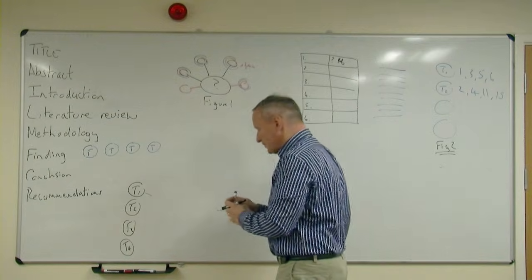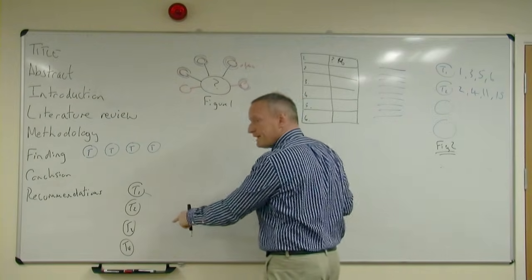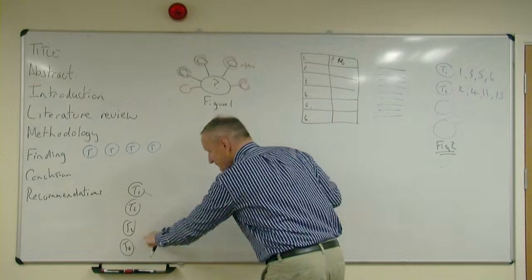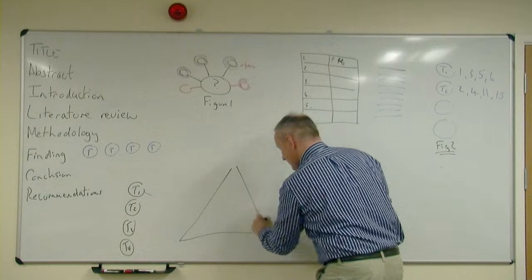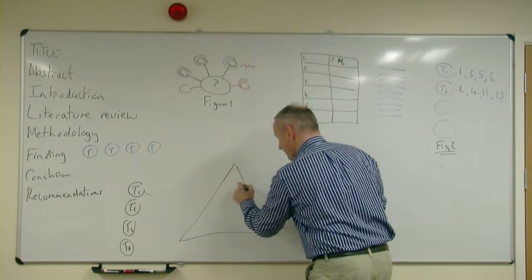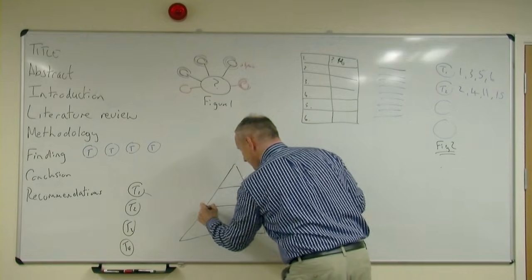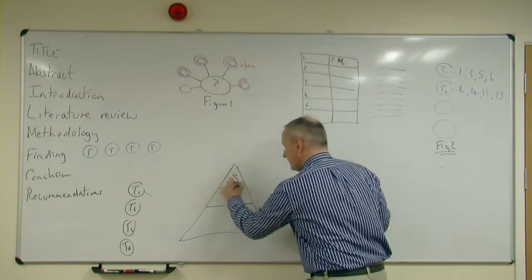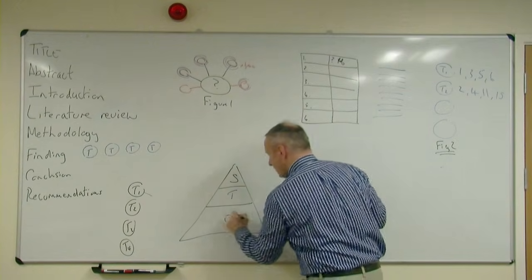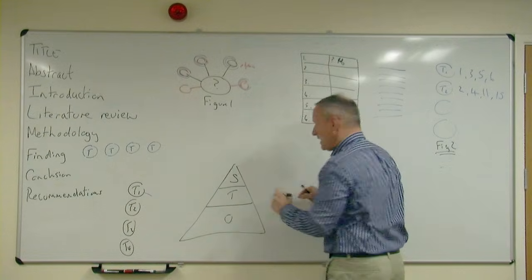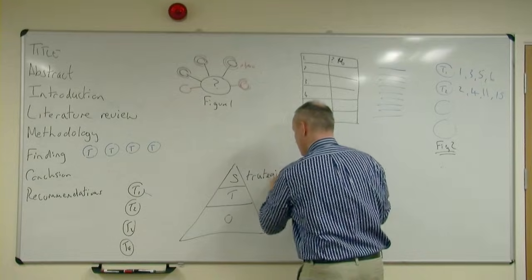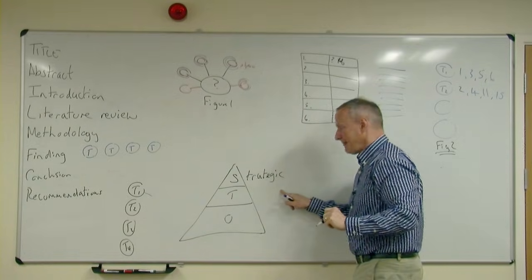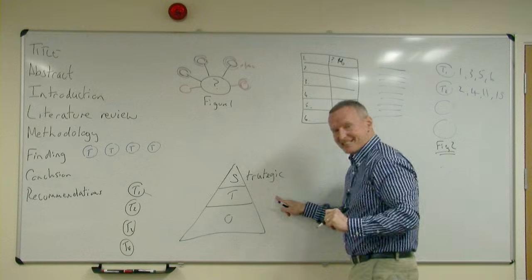So this is what I suggest students do. You create another diagram. You've got your themes there. You create an organisational structure with STO. S stands for strategic. T stands for tactical.